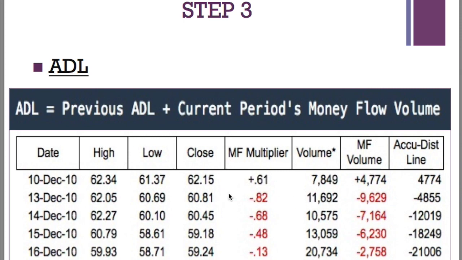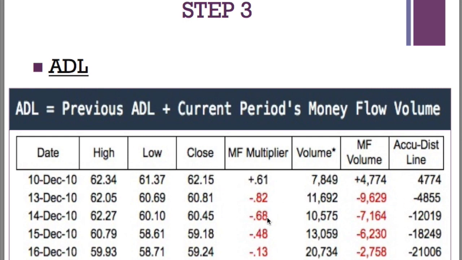So now we go to the next period. Now this is the current period. So you calculate the money flow multiplier, you multiply this by the volume, and you get the money flow volume. So this here is now the current period money flow volume. And you add to this the previous ADL. So here this is the previous ADL. So this plus this gives this.